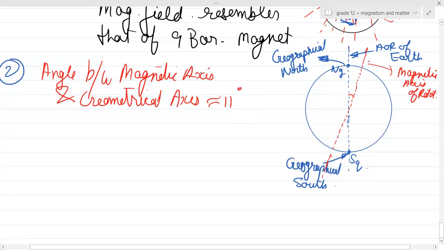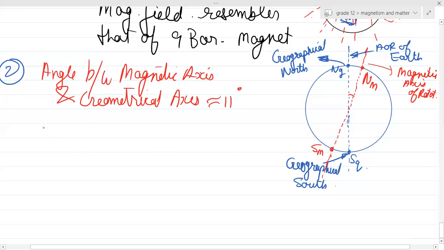Okay. But due to this particular thing, can you see over here, when we observe the magnetic field of Earth, has the diagram become too much detailed? It's fine. This particular point is basically called NM, and this particular point will be called SM.